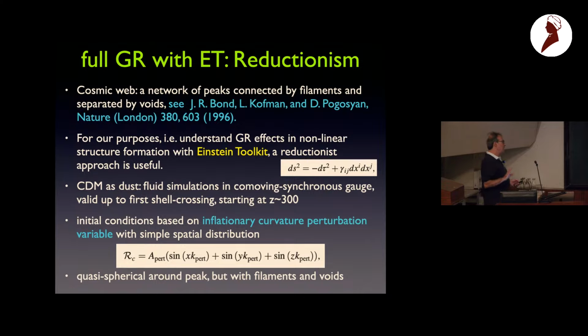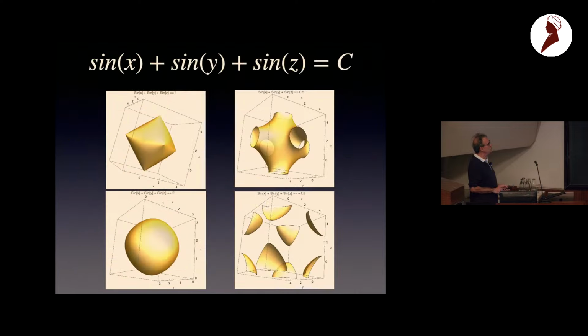Now, why does this describe what we want? Just to show the geometry of the distribution, that's the plot of this function for various values of a constant C, okay? You may not know, but if C is equal to 1, you get a tetrahedron.